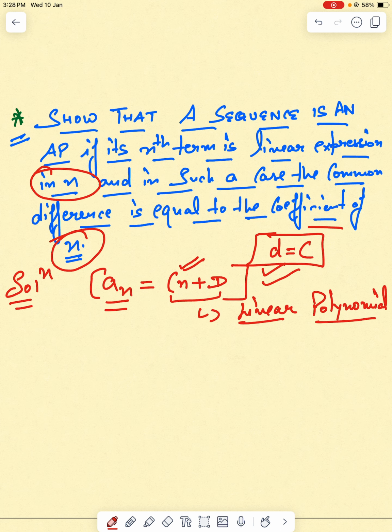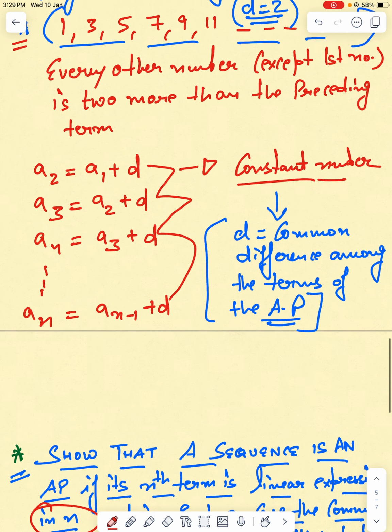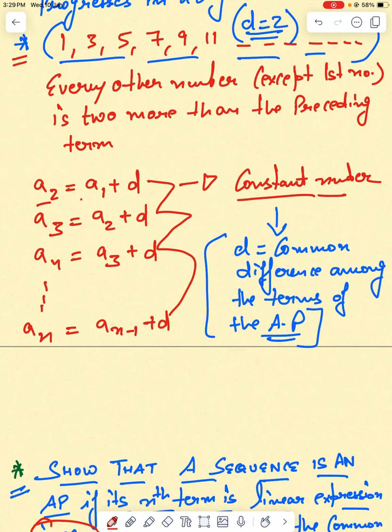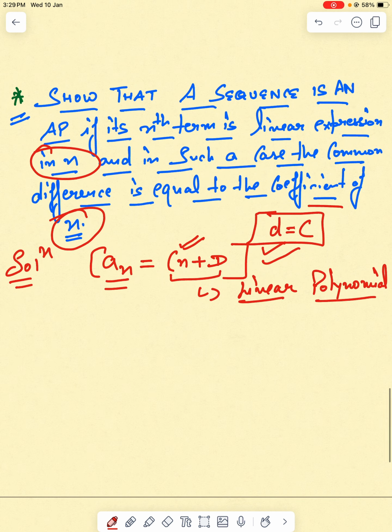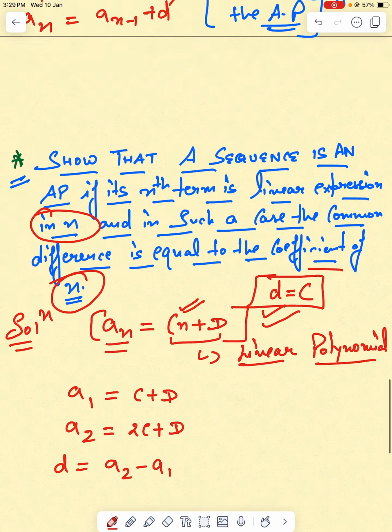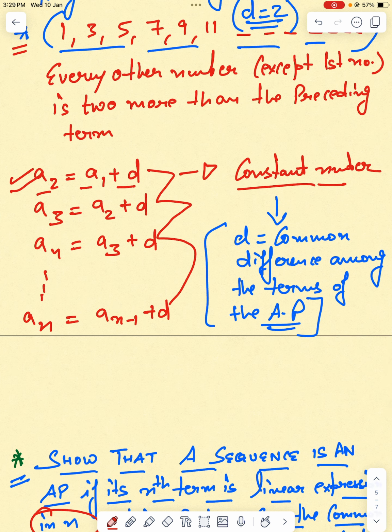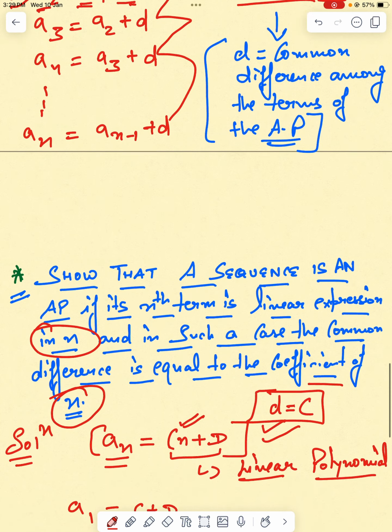So how will we find out the common difference? We have already learned that your a2 is equal to a1 plus D. So you can first find out your a1, which is equal to C multiplied by 1, that is C plus D, and a2 is equal to 2C plus D. So you can say that D is equal to a2 minus a1, as we have already learned this concept.